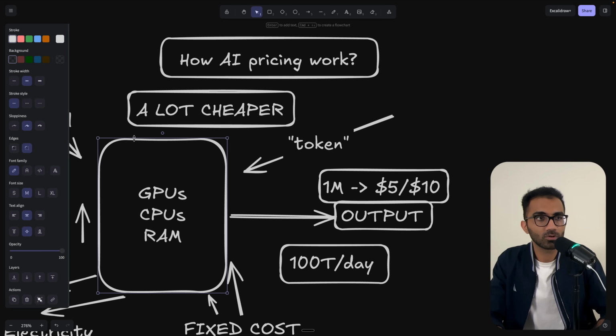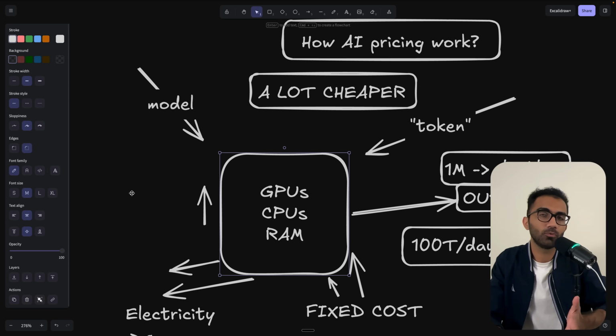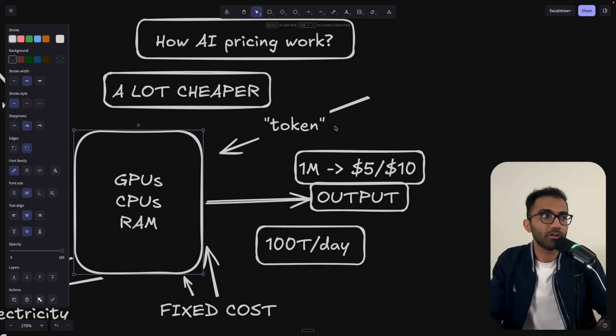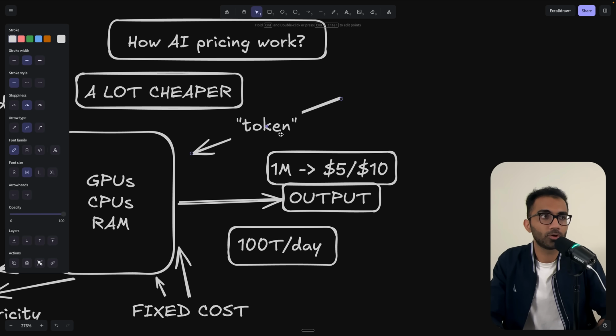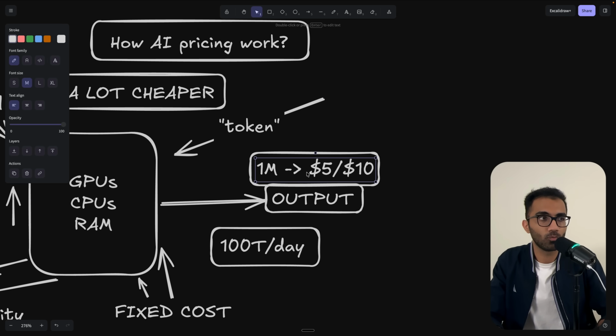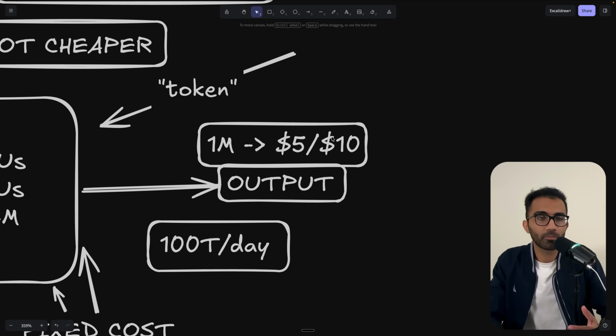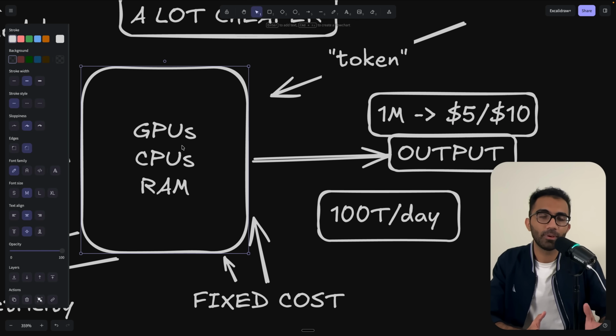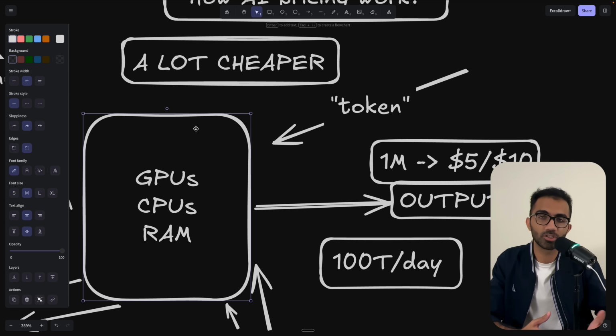Because this is a fixed cost system. Yes, you need to scale it with the usage. Of course, you have to scale it, but it does not scale as fast as their revenue scales from the token usage, right? So their token money would be slightly overpriced compared to what they are actually paying if it is used in the best case scenario, which is close to 100% utilization at all times.